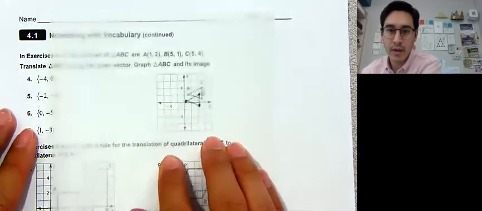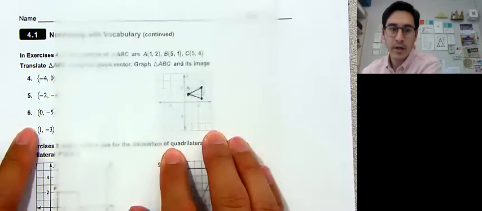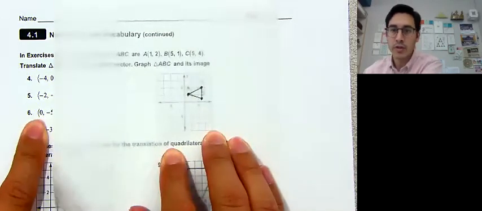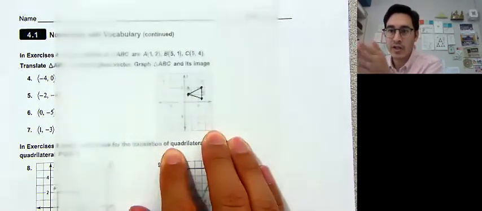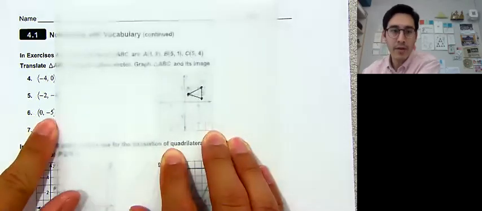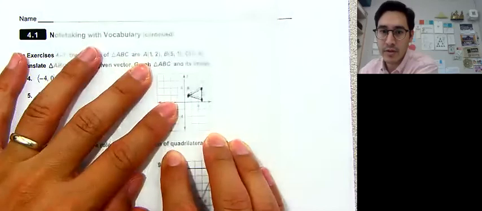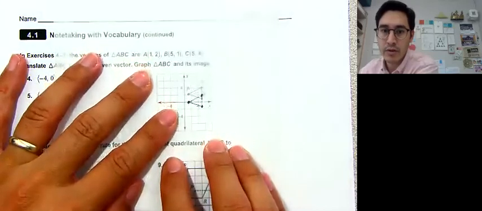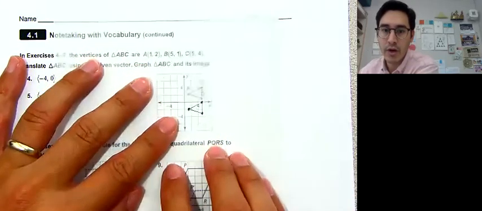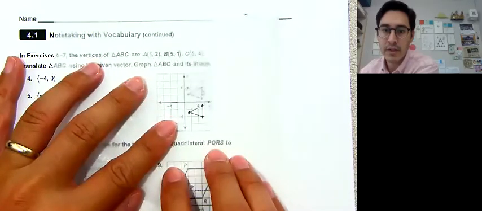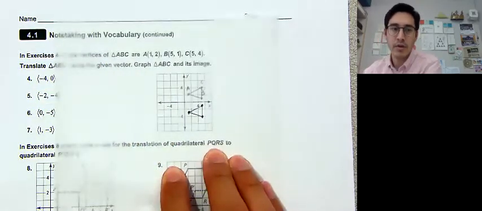All right, we'll reset again. For the next one, the horizontal component is 0, so we're not going to shift left or right, but the vertical component is -5, so we'll drop this down 5 units: 1, 2, 3, 4, and 5. And that would be the new image.